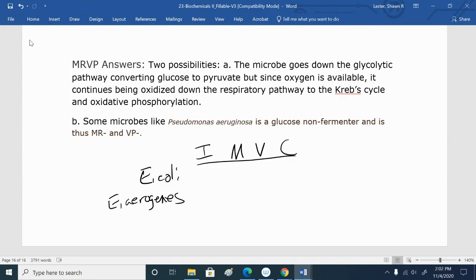E. coli is positive for indole, positive methyl red, negative VP, negative citrate: plus, plus, minus, minus. Enterobacter is the reverse. Enterobacter is negative for indole, negative methyl red, positive VP, and positive citrate: minus, minus, plus, plus. So you should remember the test results for E. coli and Enterobacter for MVIC.